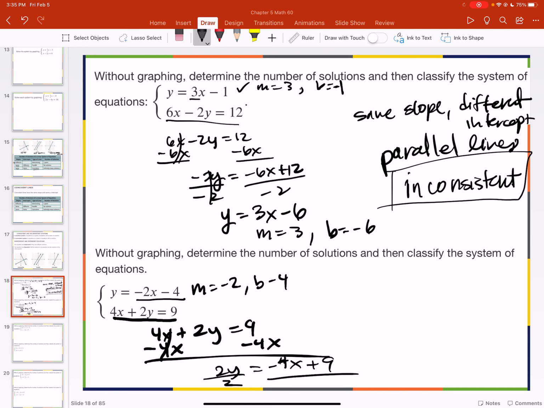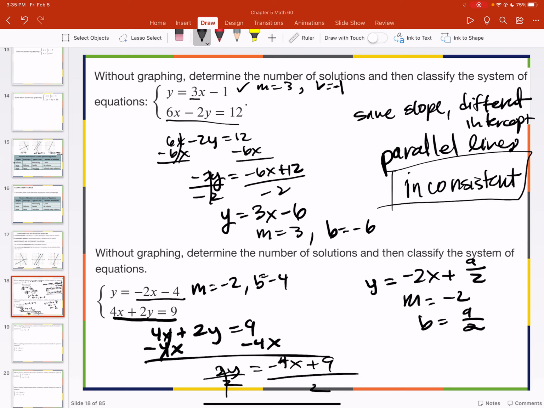Divide everything by 2. y is equal to negative 2x plus 9 over 2. 9 halves, we'll just leave it like that. We're not graphing it, right? So the slope here is negative 2, but the y-intercept is 9 halves, which is 4.5.